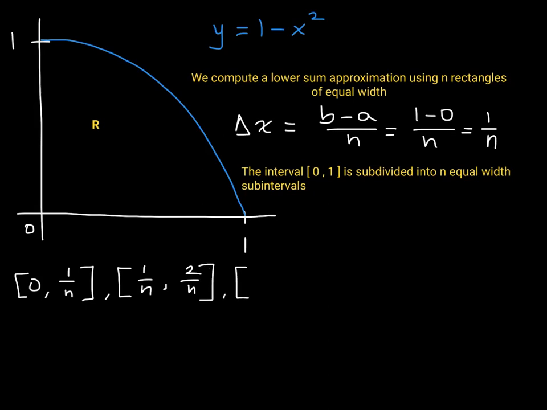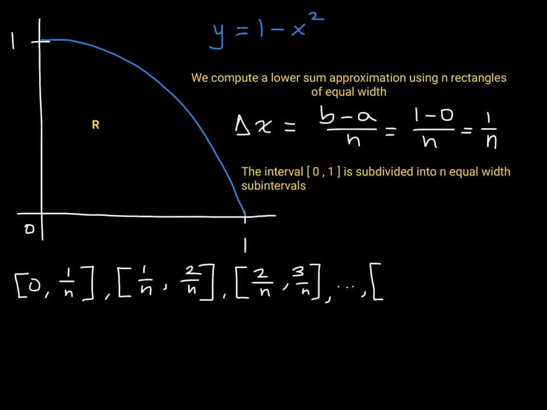The next subinterval, the third subinterval, would be 2 over n, that's the left endpoint, to 3 over n, etc. So you can hopefully see the pattern here.